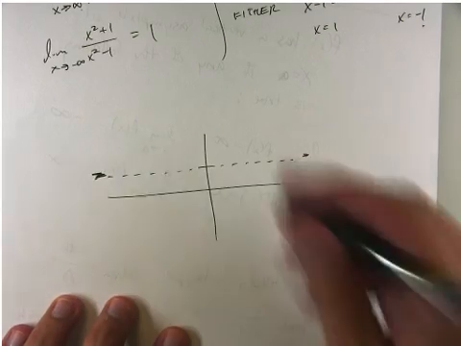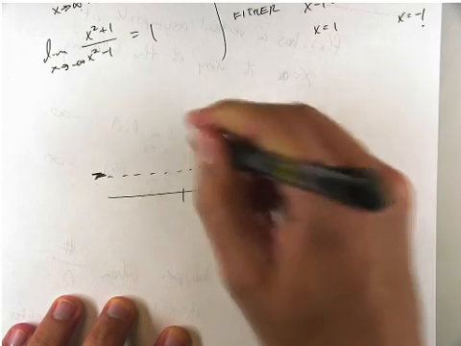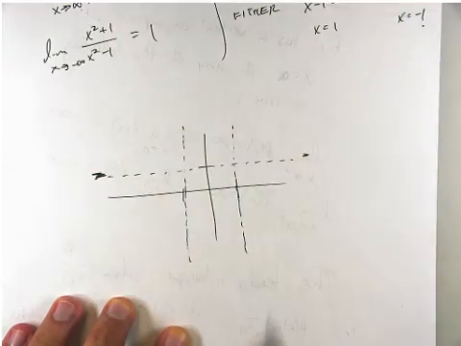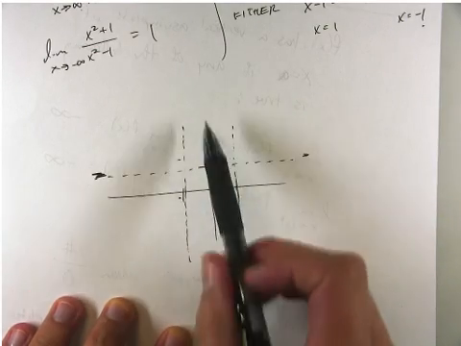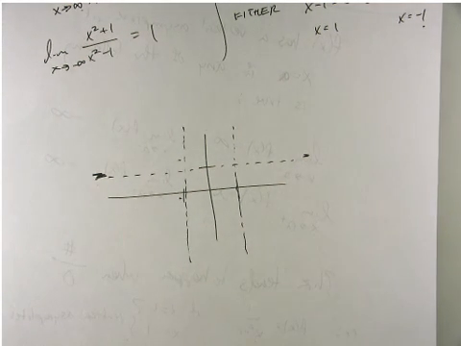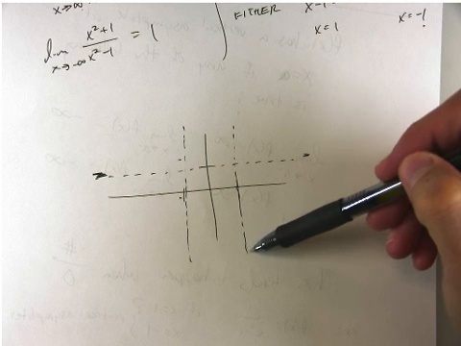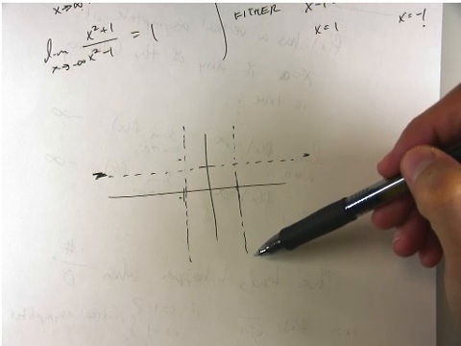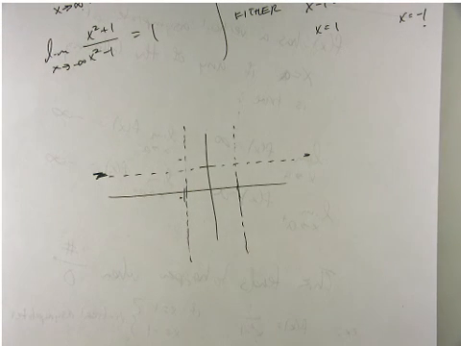So if I wanted to sketch this thing, I know that at 1 and negative 1, it looks like these vertical lines. If I got a little thinky about it, I could probably figure out whether it was really big or really small on each side of these vertical lines. But in order to graph this function, I don't have to get that thinky about it.